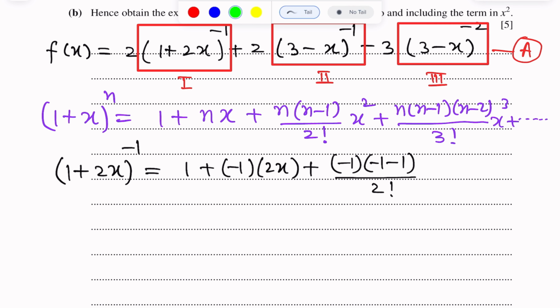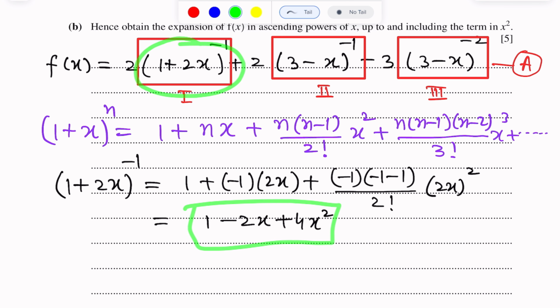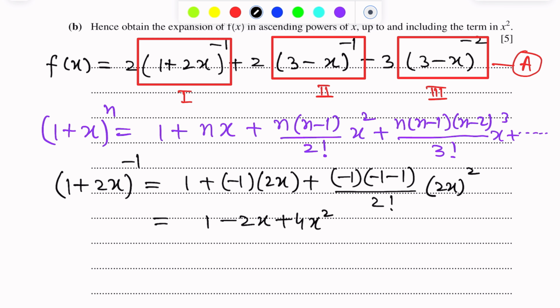Here x is 2x, so (2x) whole square. Now we simplify it. We get 1 minus 2x plus 4x square. After simplifying, we get this. This is the expanded form of box number 1.